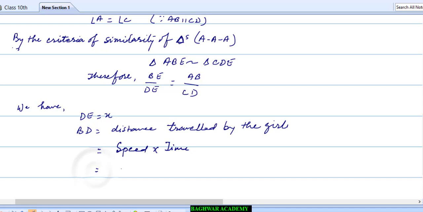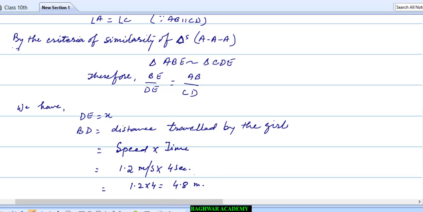Speed has been given, speed is 1.2 meter per second, and time is 4 seconds, and therefore this will be 1.2 into 4, it means 4.8 meter.